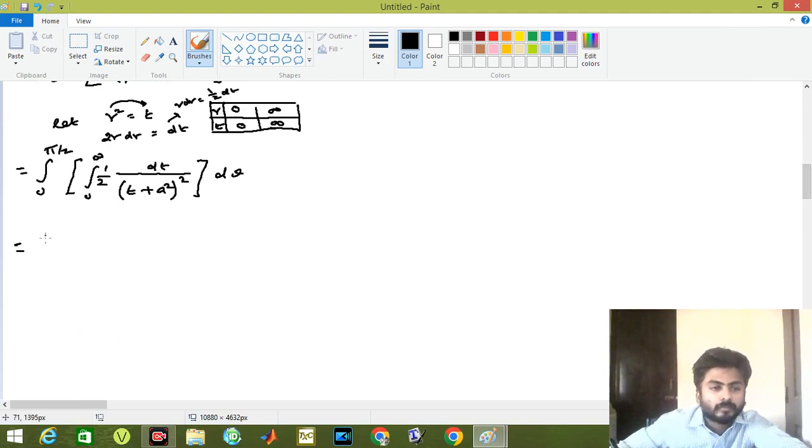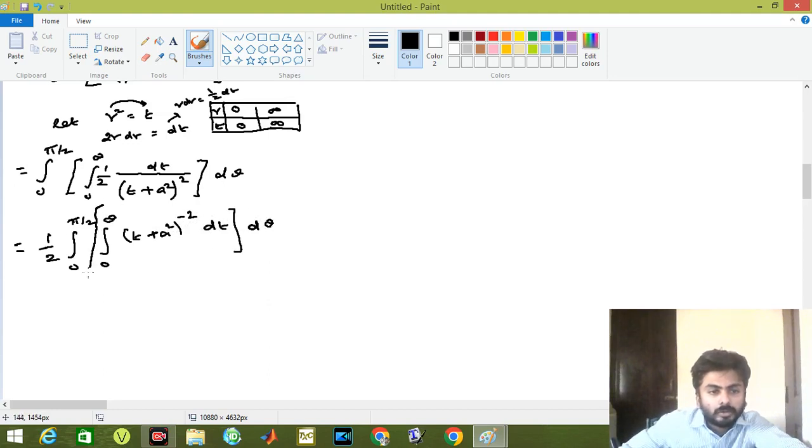So 1 by 2 integral 0 to pi by 2, then integral 0 to infinity. This can be taken to the numerator: t plus a square whole power minus 2 dt into d theta. Here you will have the integration of x power n, which is x power n plus 1 by n plus 1.